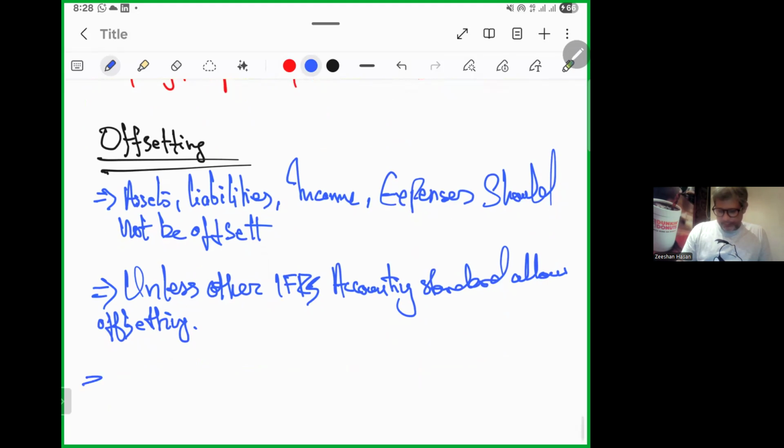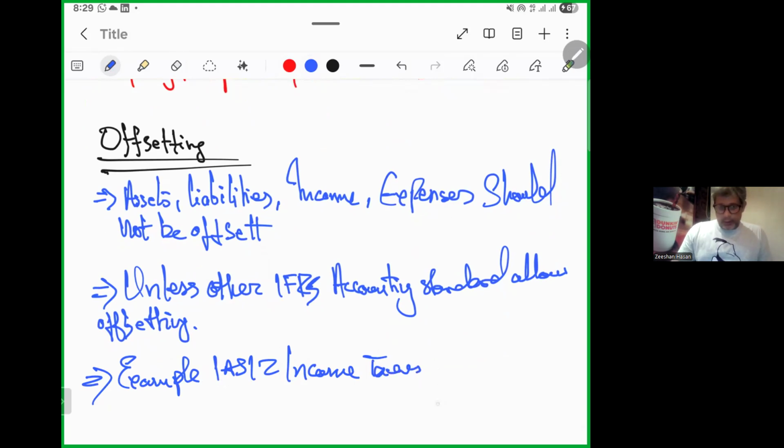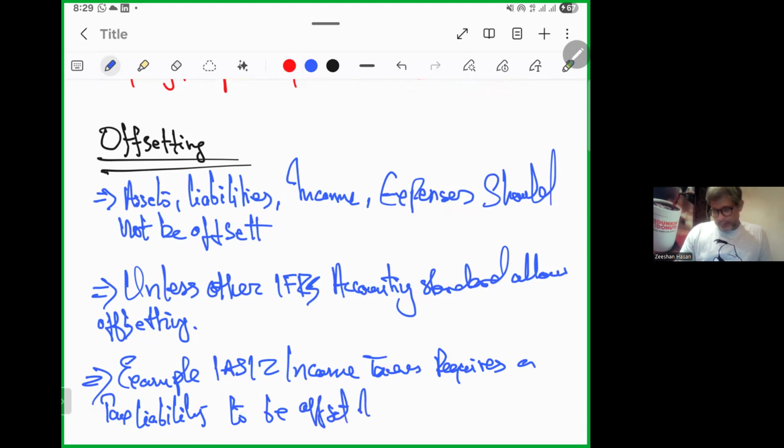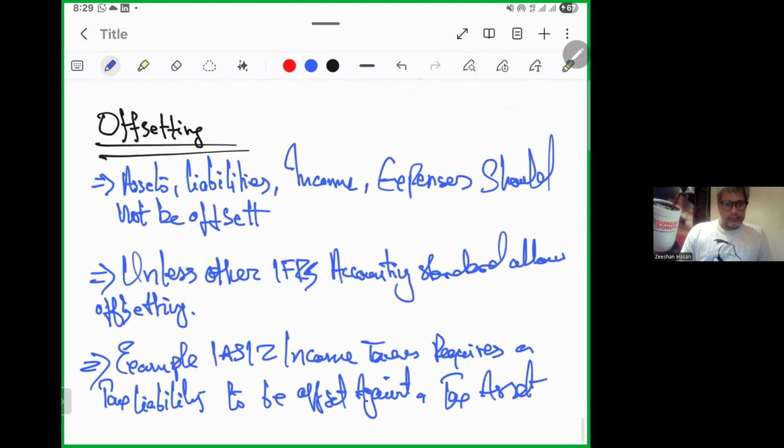For example, IAS 12 income taxes requires a tax liability to be offset against a tax asset under certain conditions.